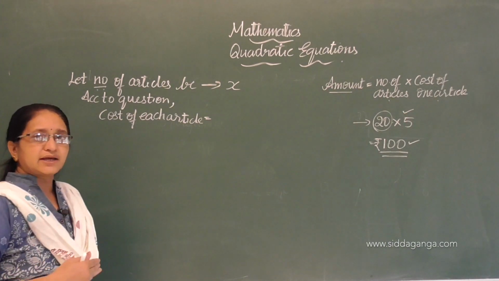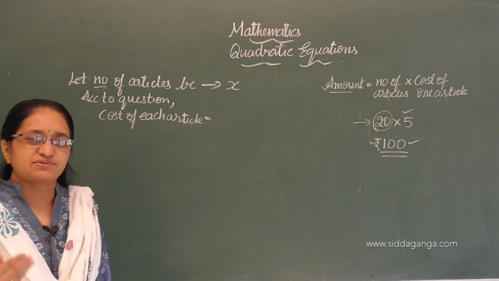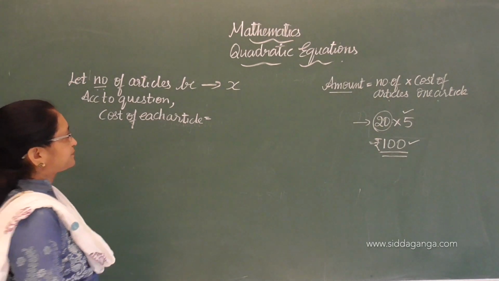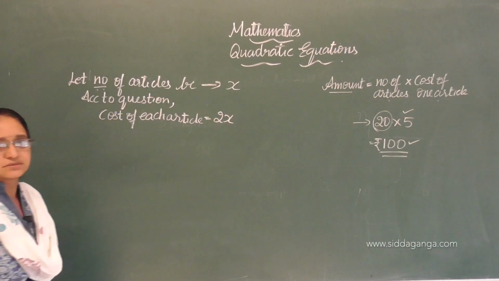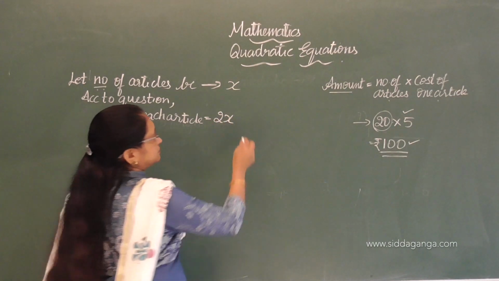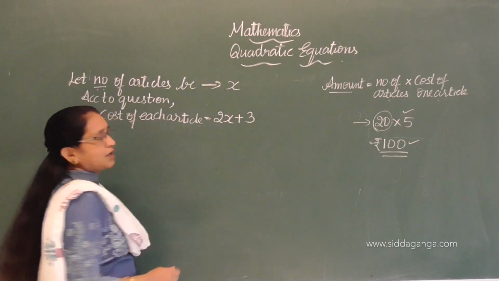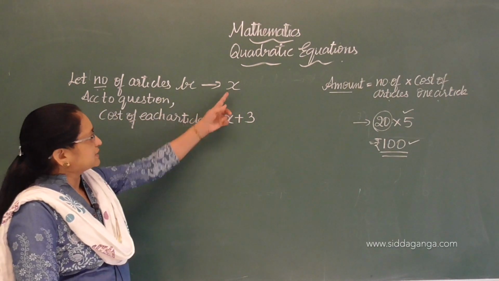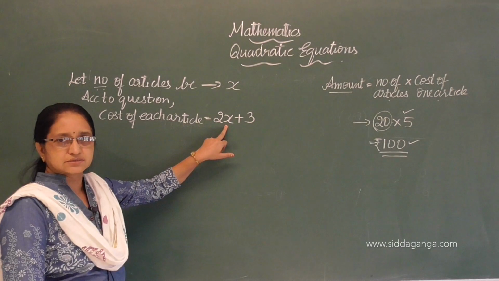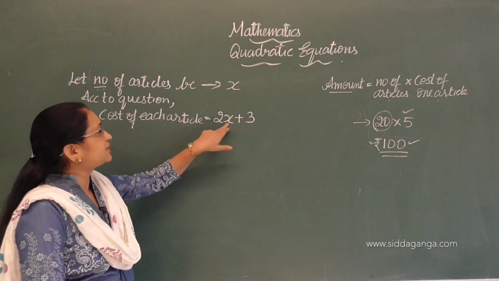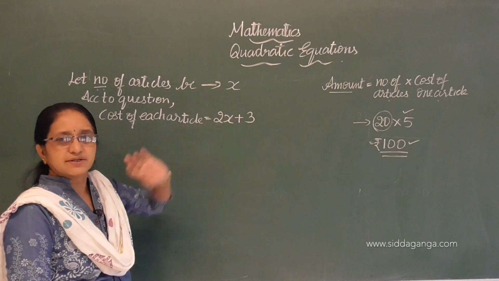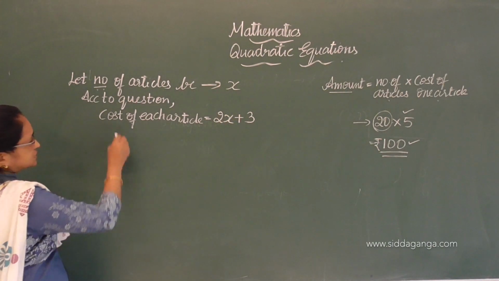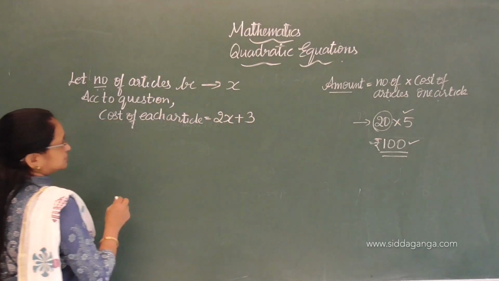Twice the number of articles is 2x, 3 more than that, so plus 3. I hope it is clear. 2x plus 3 is the cost of each article.